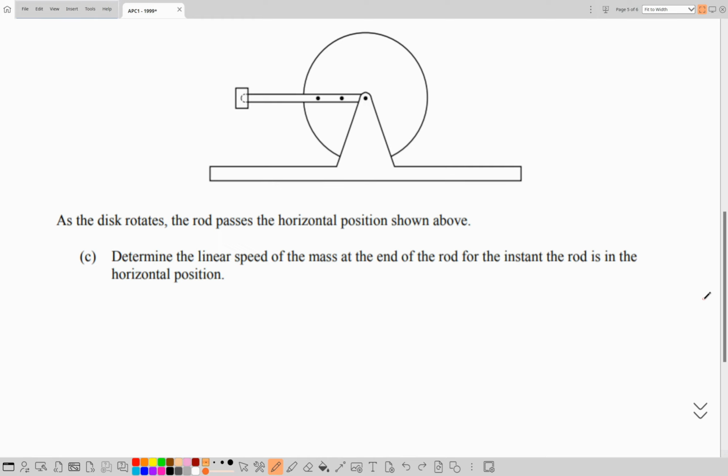So whenever we have a free rotating rod under the influence of gravity, the first thing that you should think of is the conservation of energy, because energy is about initial and final state. But before doing so, we need to specify our PE level that will allow us to eliminate the final gravitational potential energy.